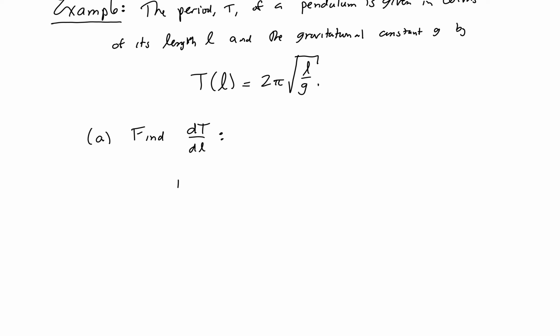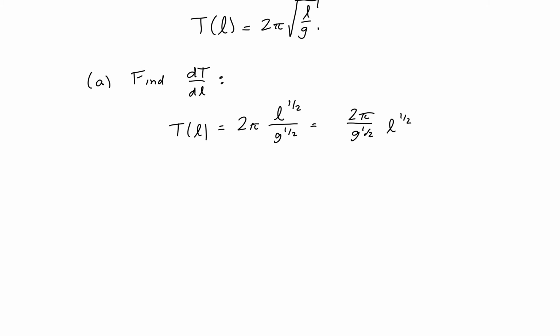So the first thing we might do is rewrite our T so it looks like something a little bit more favorable. So I can write this as 2 pi, and I can write this as L to the 1/2 over G to the 1/2. And now since that G is a constant, let's go ahead and group that with the constants, and then leave our L to the 1/2 there. L is acting as x here because it's our independent variable.